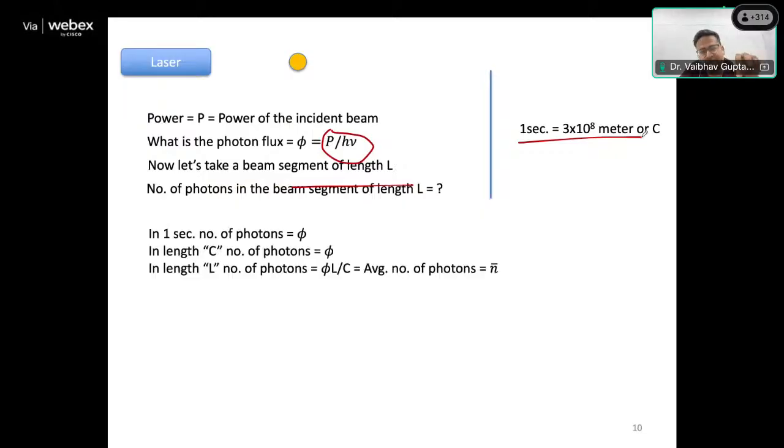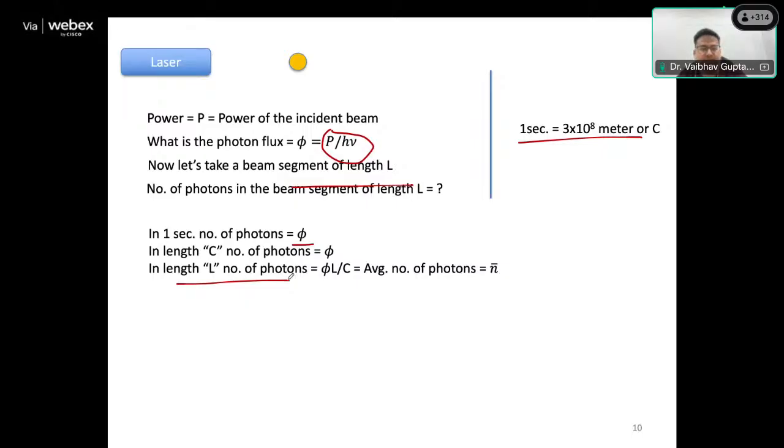So this much distance is c, right? In 1 second the number of photons will be phi, and this 1 second is length c, so if you divide phi by c and multiply by L, you have the total number of photons in the length L.